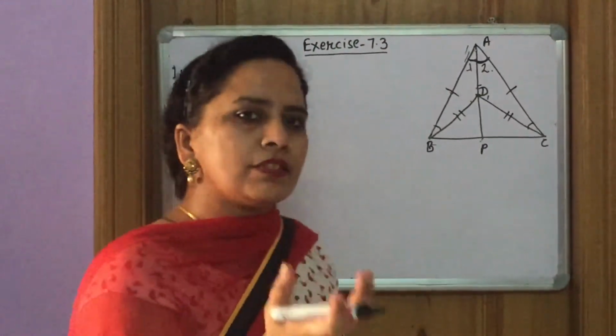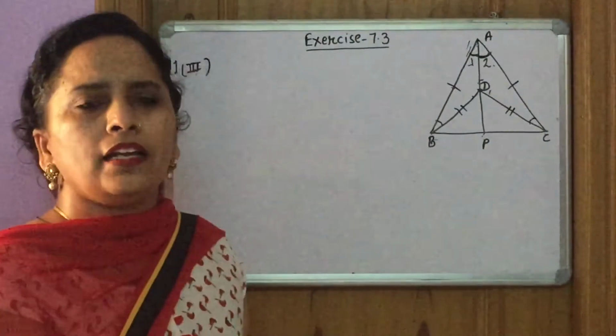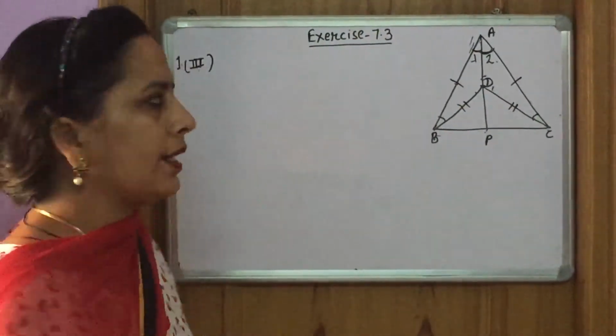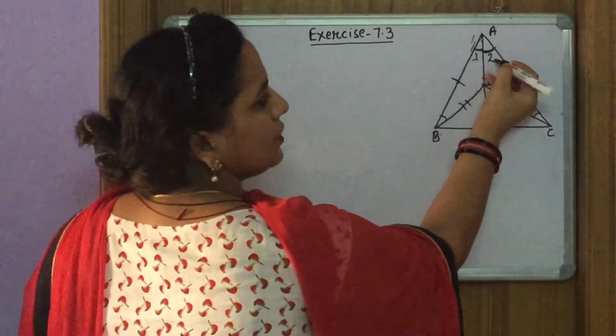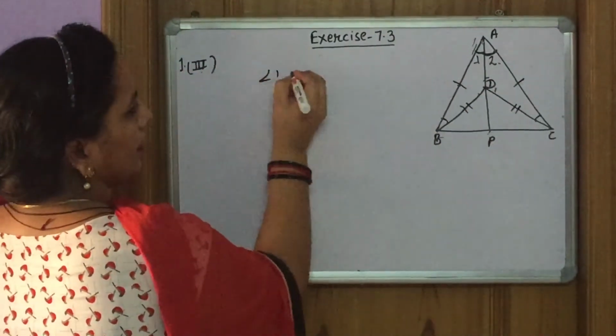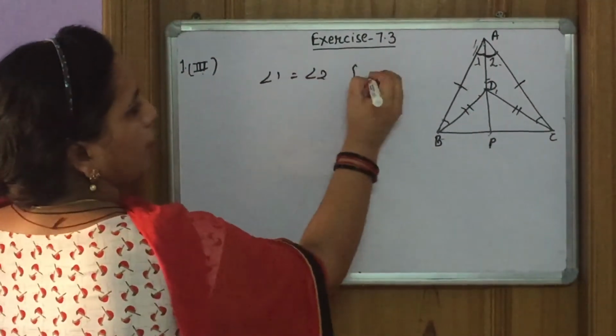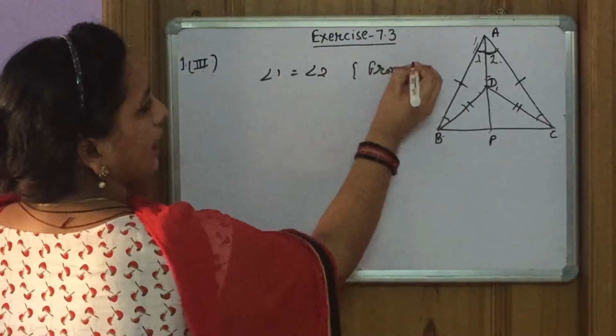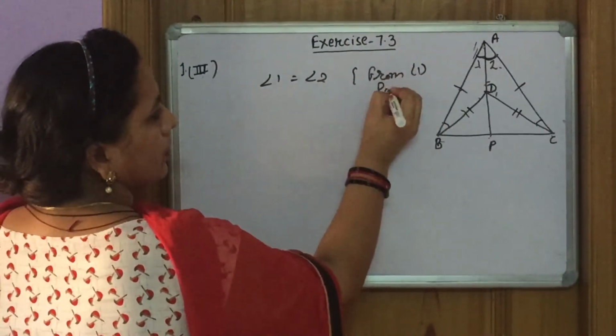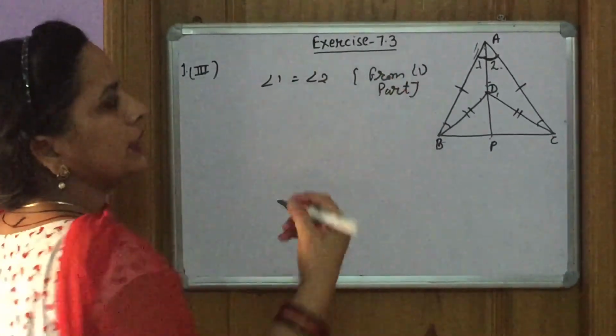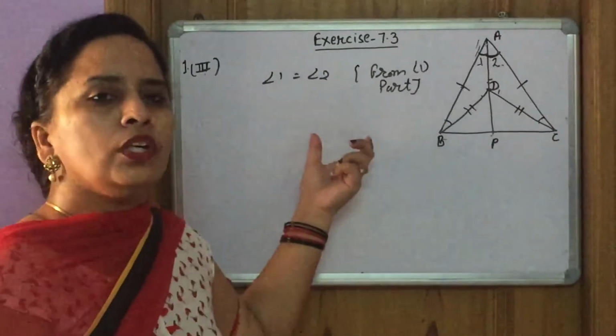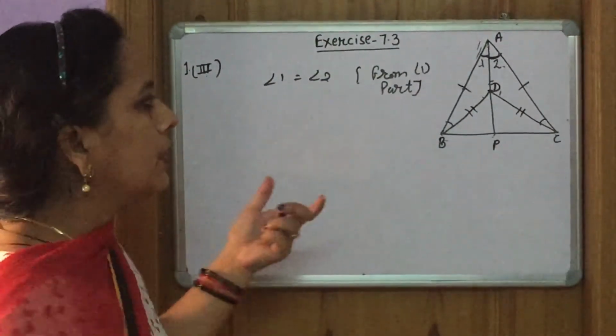Bisector means which cuts any angle or side into two equal parts. So we can say that angle 1 is equal to angle 2 from the first part. We have already shown this part, so no need to show it again.